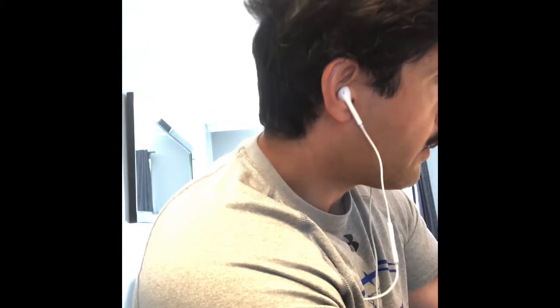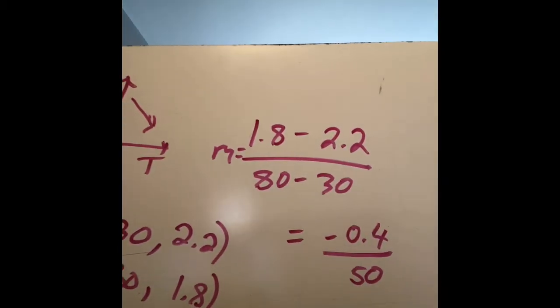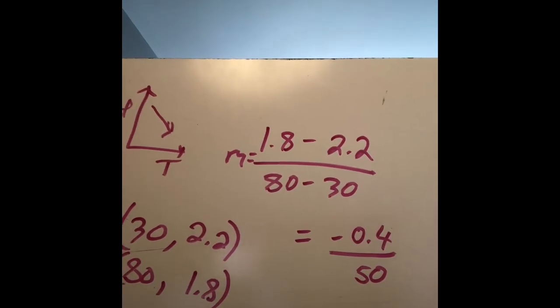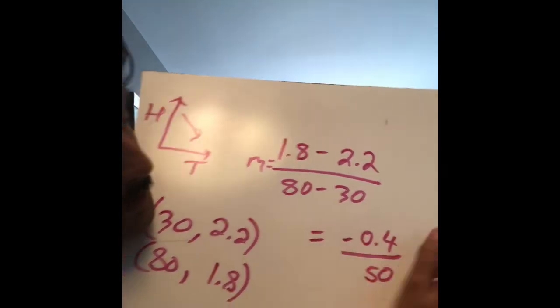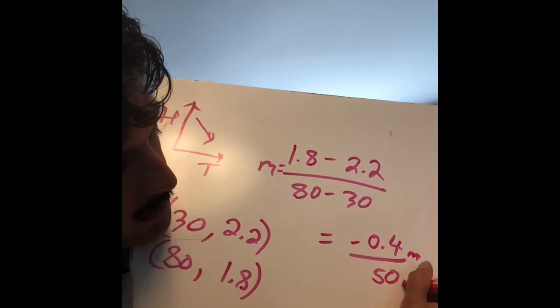And that's going to equal negative 0.4 over 50. So you've got a negative 0.4 meters every 50 minutes.